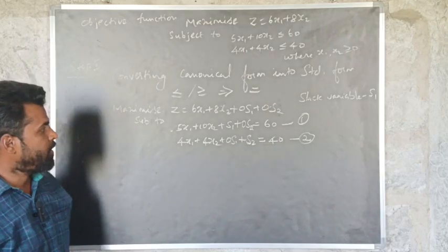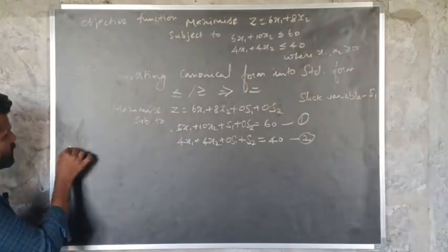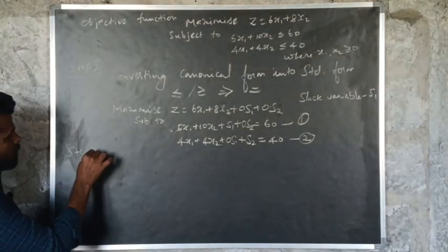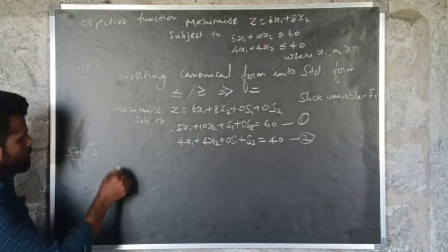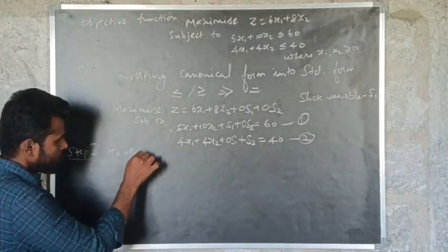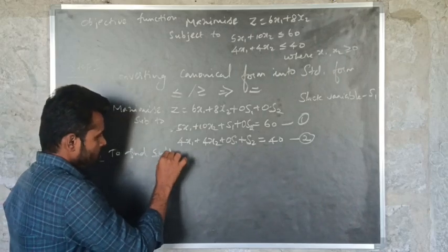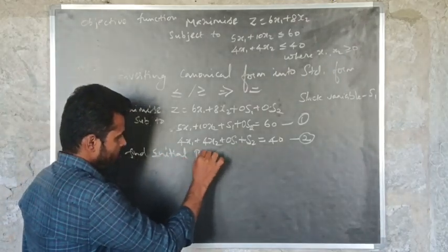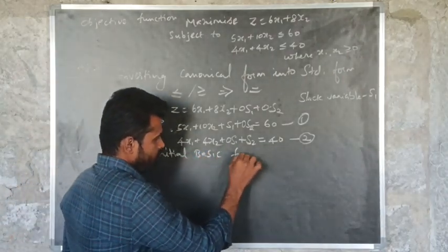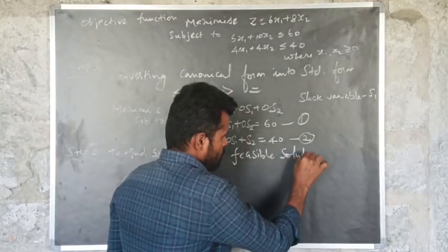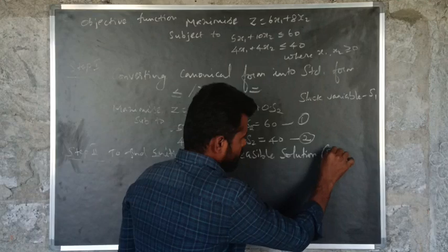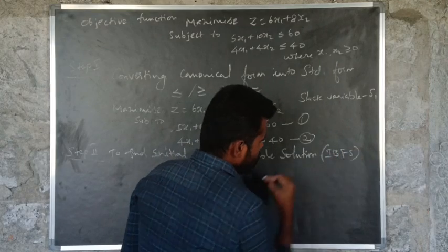Now we are going to find the initial basic feasible solution. We converted into standard form, and the next step is to find the initial basic feasible solution, simply called IBFS.